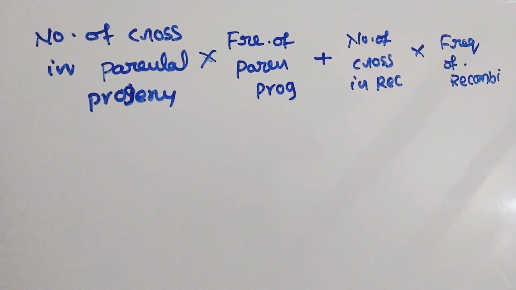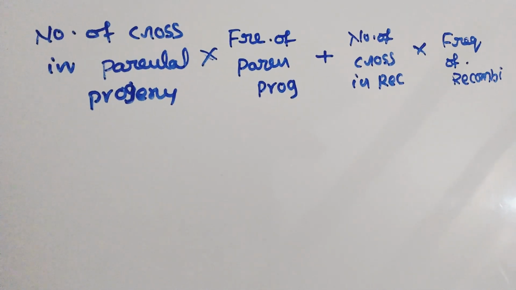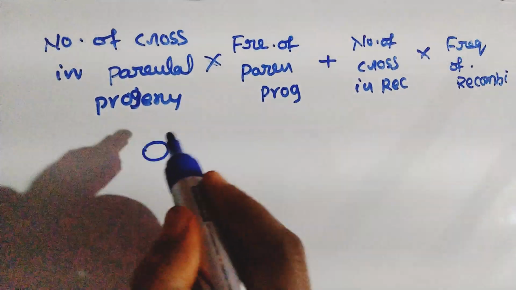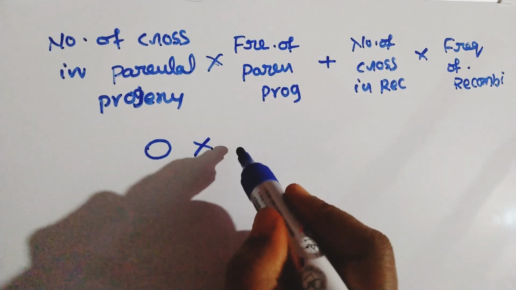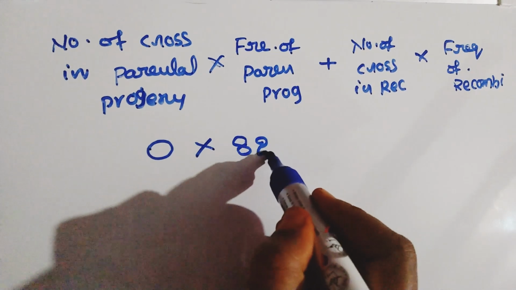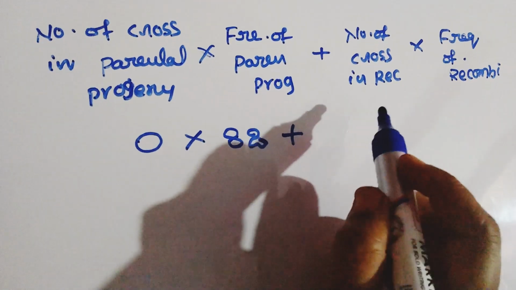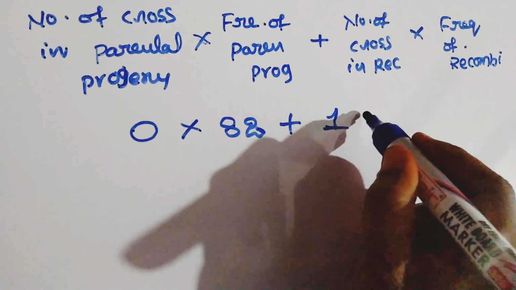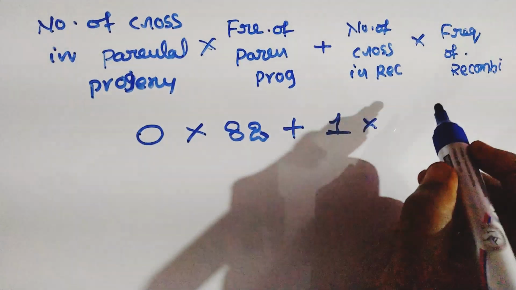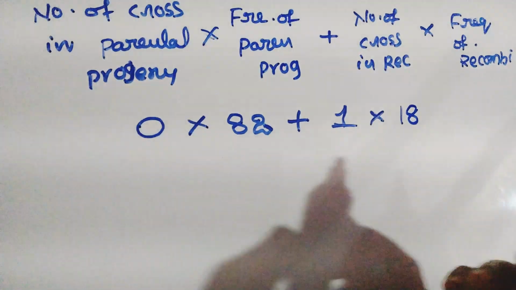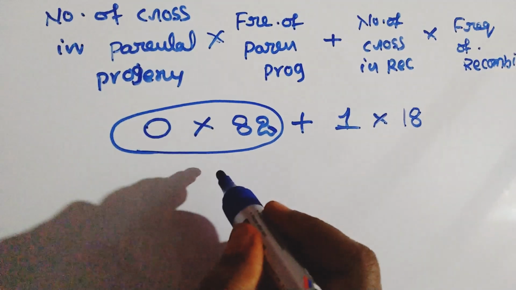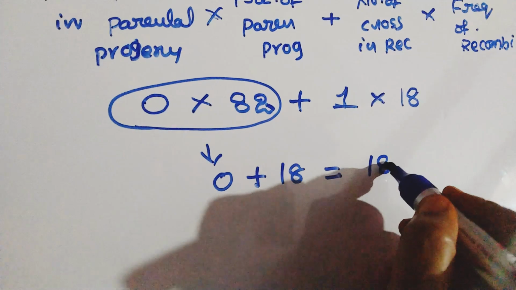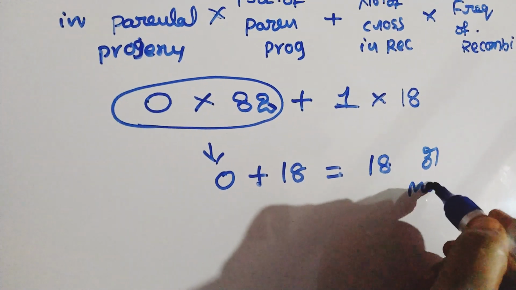In parental progeny the crossing overs are 0, times the parental recombination 82, which we already calculated, plus 1 crossing over in recombinants, which occurs between those two genes, times the recombination frequency 18. So it is 0 plus 18, and the answer is 18 centimorgans or 18 map units.